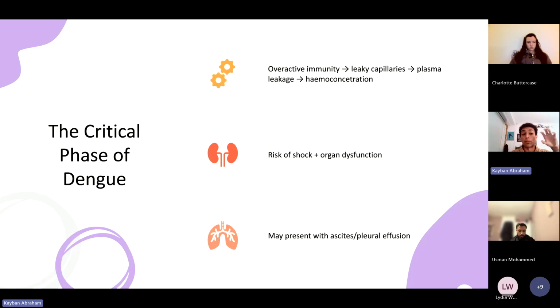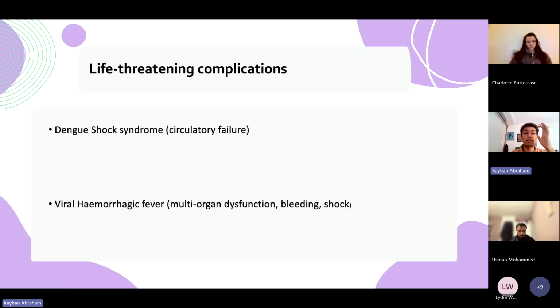And it's called the critical phase because it can lead to further deteriorations, namely dengue shock, which is where your circulation isn't working anymore. You're going to need some kind of organ support or to be pumped with fluids, or worst case scenario, a viral hemorrhagic fever, which is essentially the same thing as what we saw before, but now you've also got coagulopathy, so you're bleeding from loads of places that you don't want to be bleeding from.